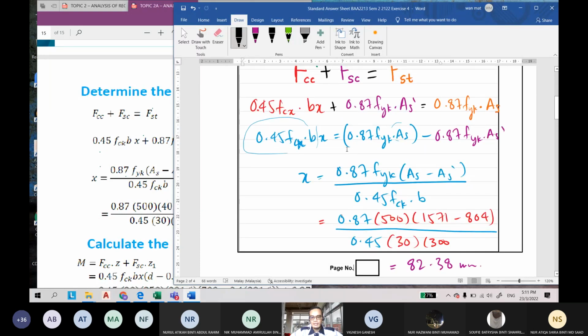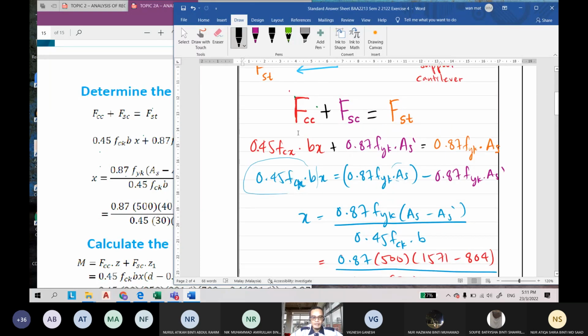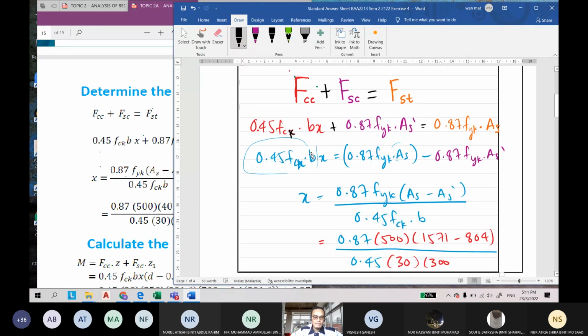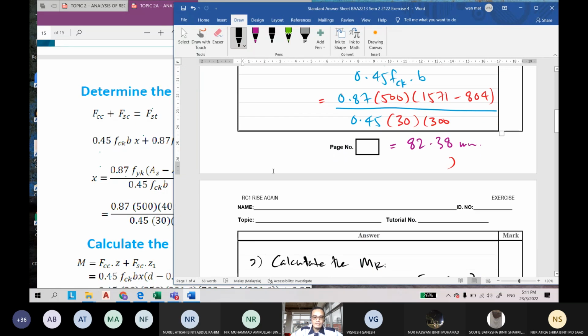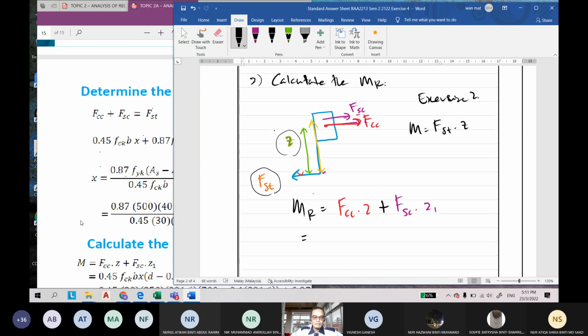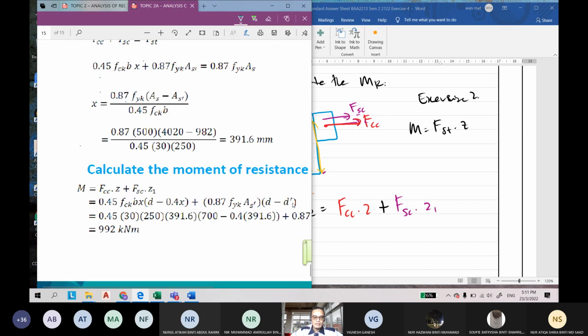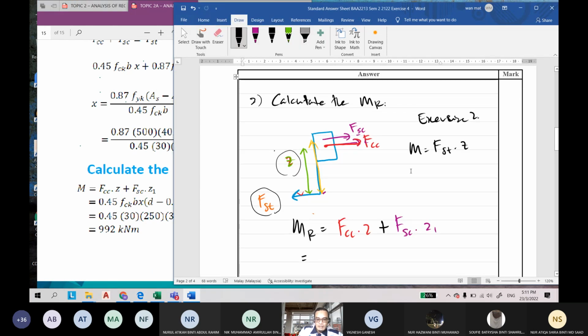Refer back here, FCC is equal to what? 0.45 fck times bx. Z and Z1: Z1 is here, from here, the yellow color.